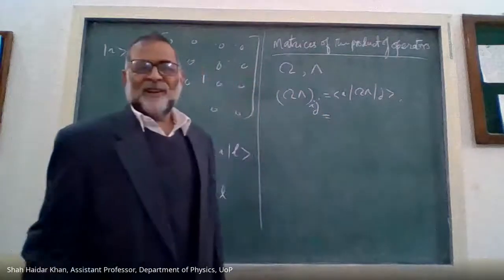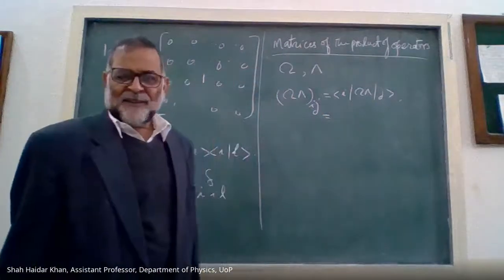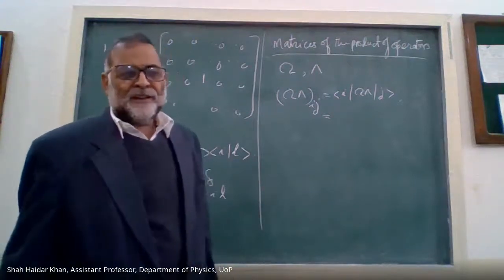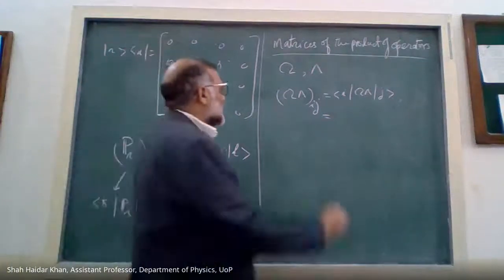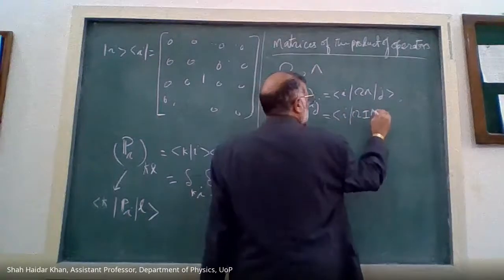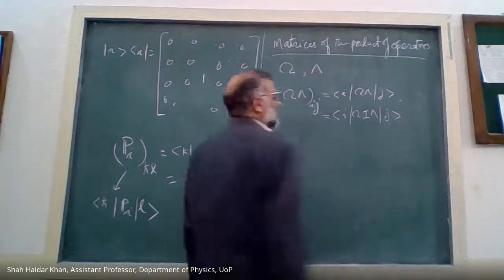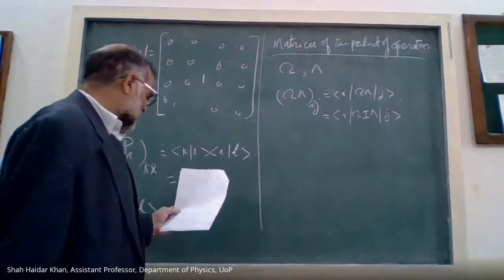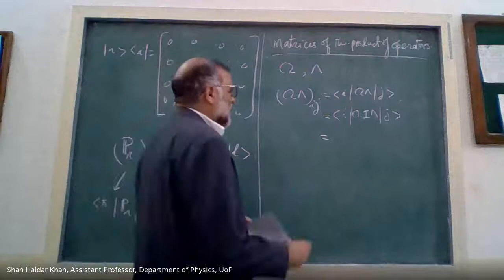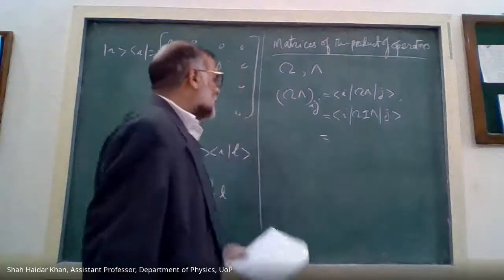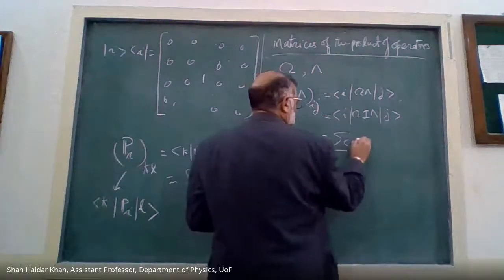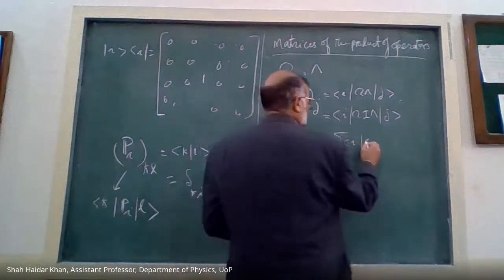With no problem, we can insert an identity operator in the middle, because the identity operator is equal to 1 and does not have any effect on anything. So we can write it like this: bra i, omega, identity, lambda, ket j.